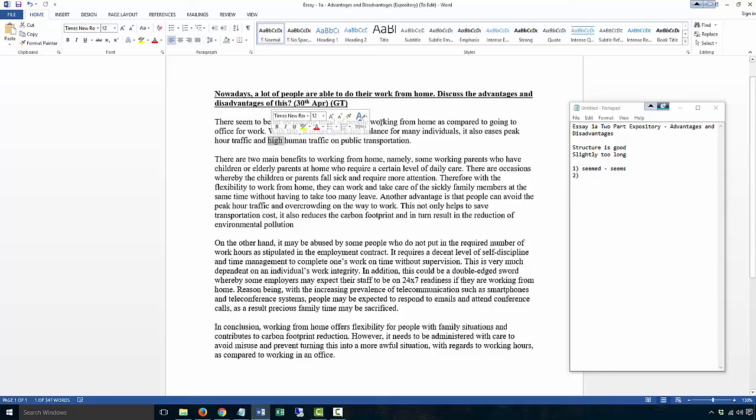It eases human traffic on public transportation. I wouldn't put a "high". And so, I will put an "and" because you need a conjunction here as another clause. And the other thing is that the point of this, the whole essay is about advantages and disadvantages.